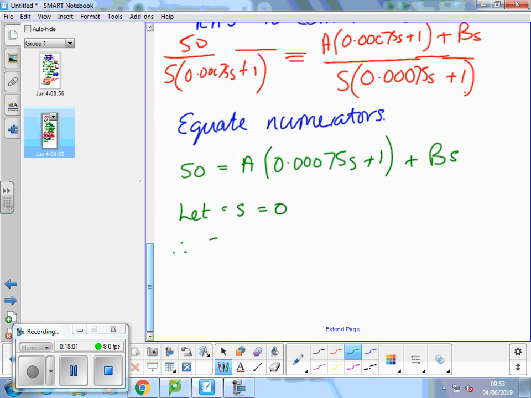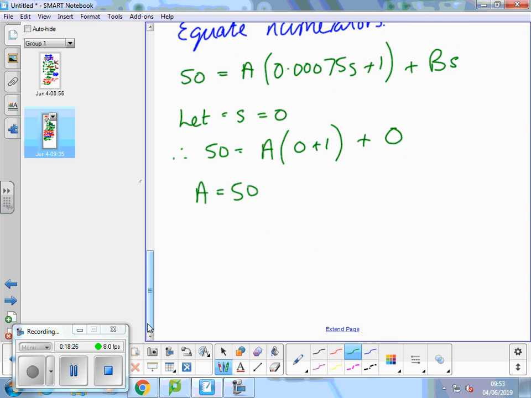Therefore, 50 is equal to I times 0 plus 1, and that's 0, so that bit's 0. I equals 50. Yep. Agreed?